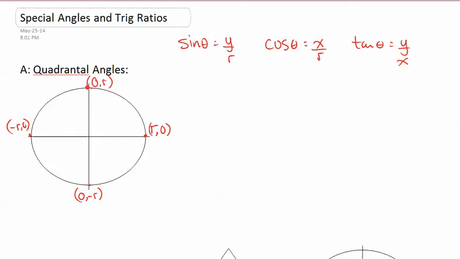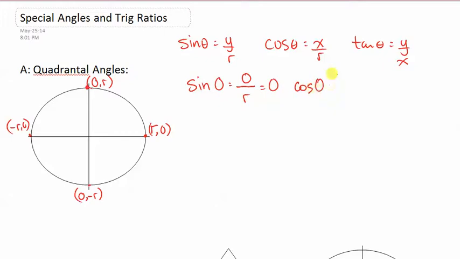With that in mind, I'd like you to write an expression for the sine of 0 degrees. Okay, if you've thought about it for a moment, pause if you need to. Now, the y value at 0 degrees is 0 over r. So the sine of 0 is the ratio 0.